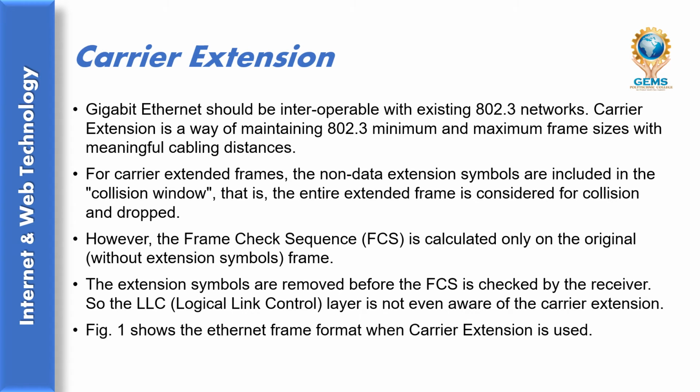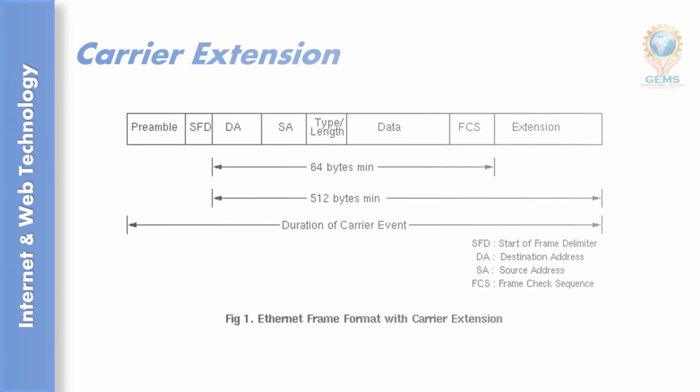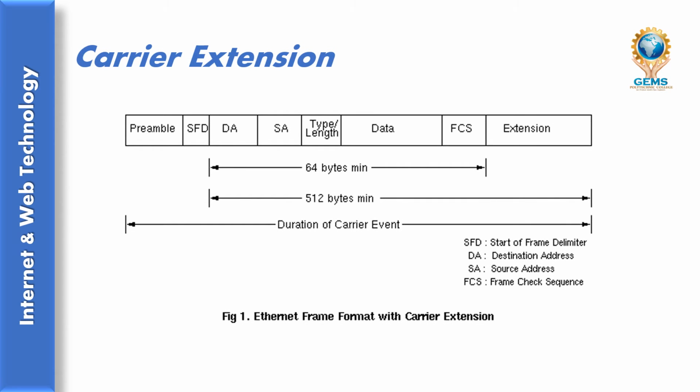So figure one shows the Ethernet frame format when carrier extension is used. See here, first preamble and SFD, DA, SA, type length, data, FCS, extension.